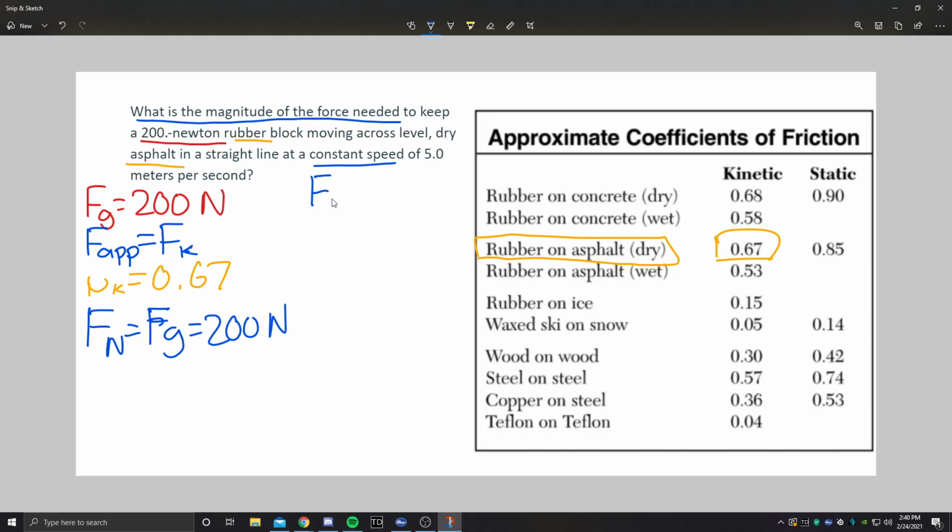All right, so now all you're going to do is plug in your numbers. Fk is equal to 0.67 times 200, divided by 3. Hold on.